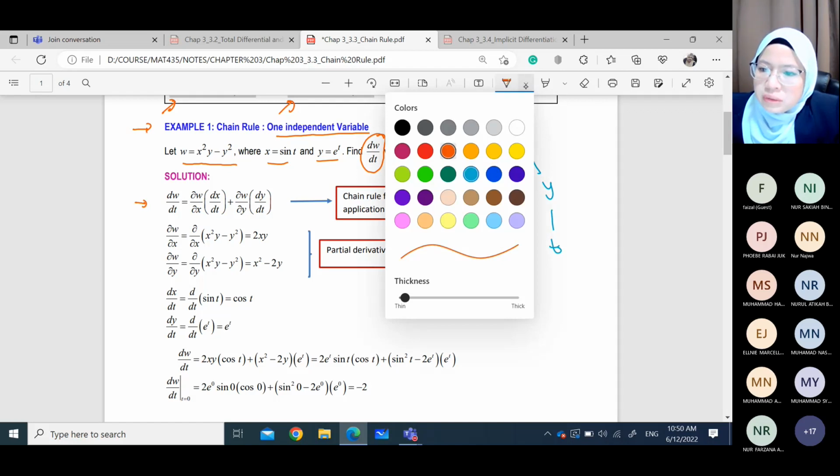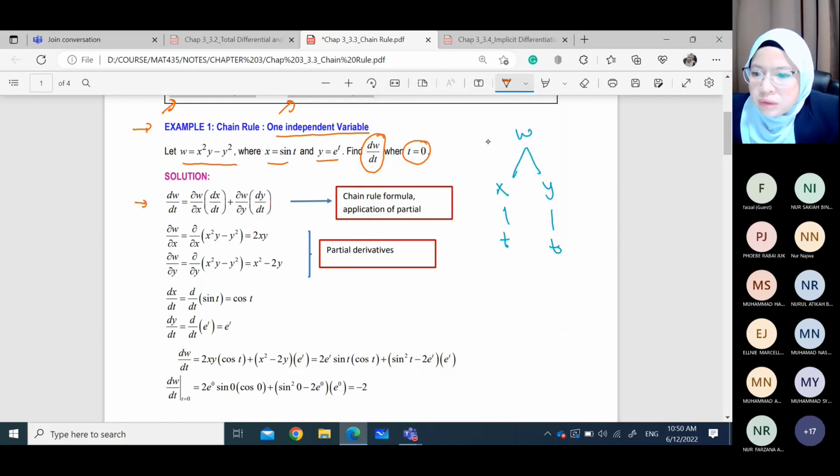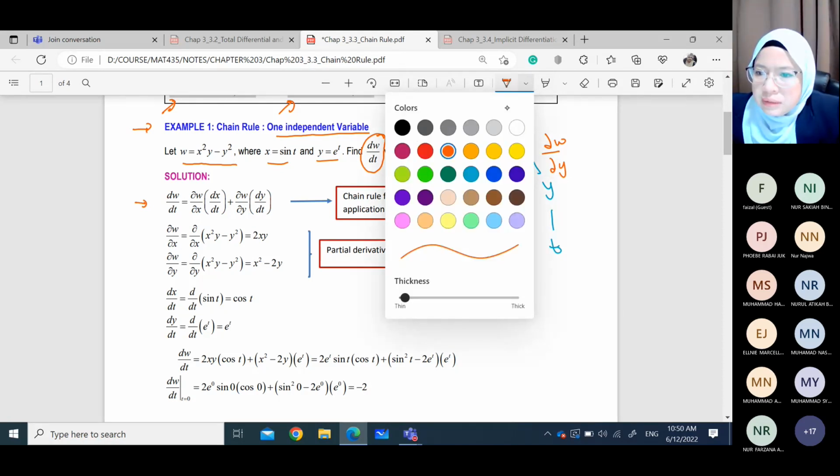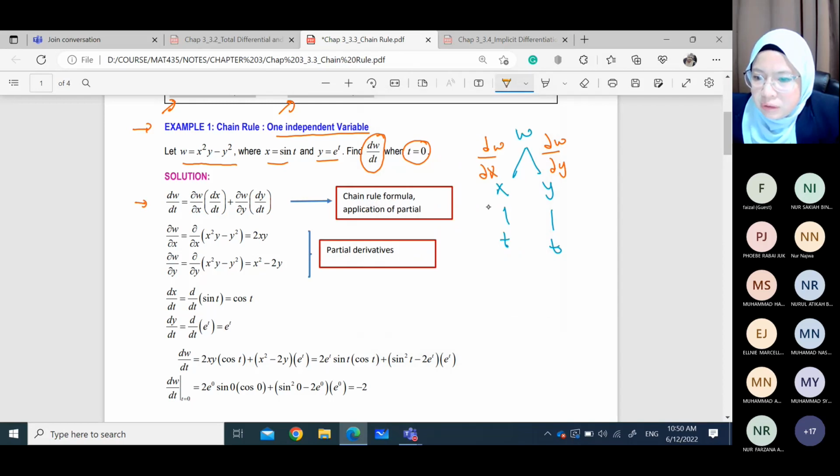Now for the first level here we use del because it involves two variables. The derivative with respect to x on w, and for this side the derivative with respect to y on w. And going down, here we have dx dt and dy dt because it involves one variable.